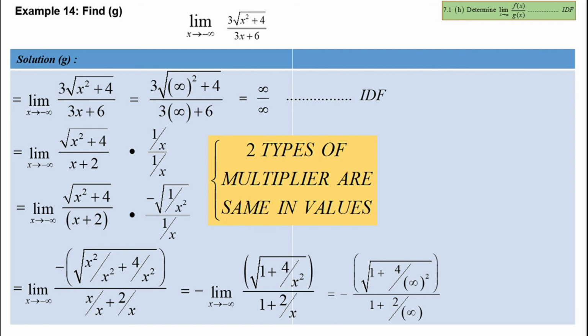And please remember back before this, in subtopic 7.1, in our tips, that is, when any number is divided by infinity, the result is 0. So, our function will be negative square root of 1 divided with 1. And our final answer will be equal to negative 1.